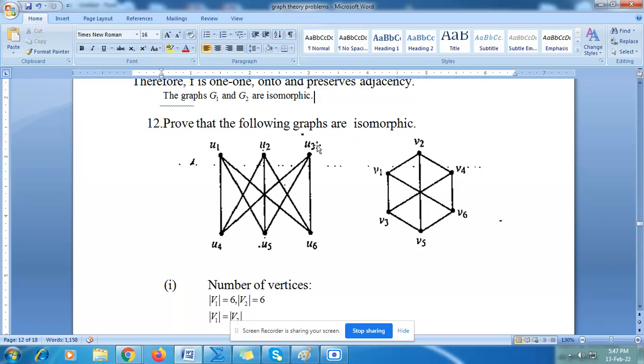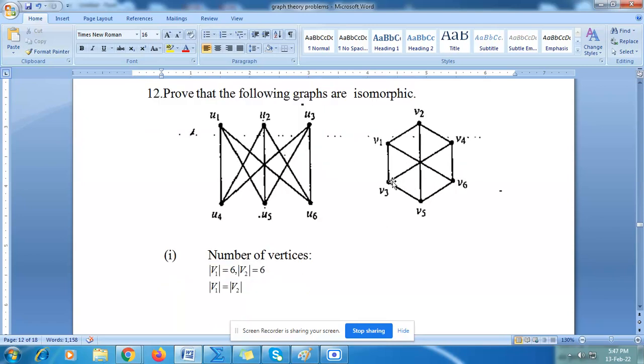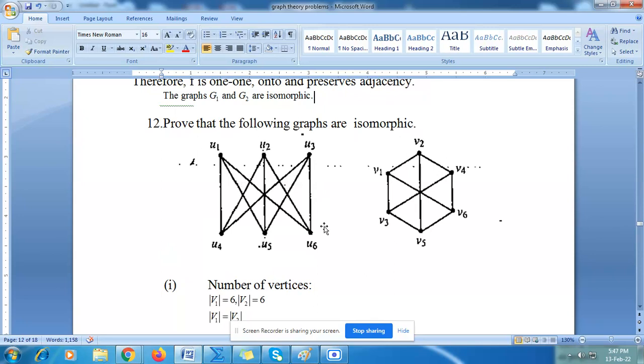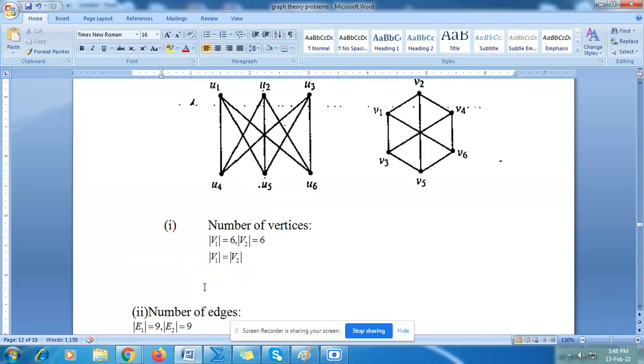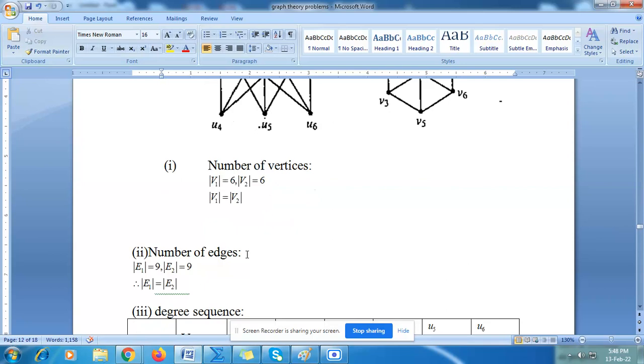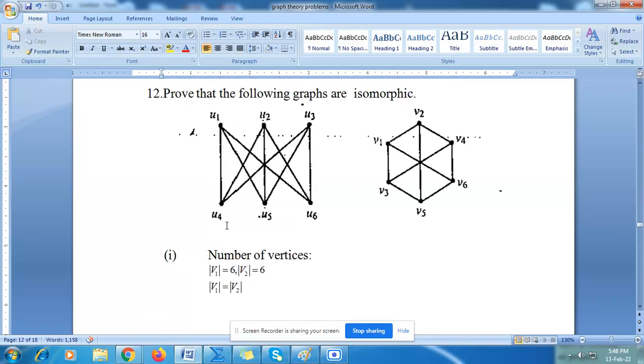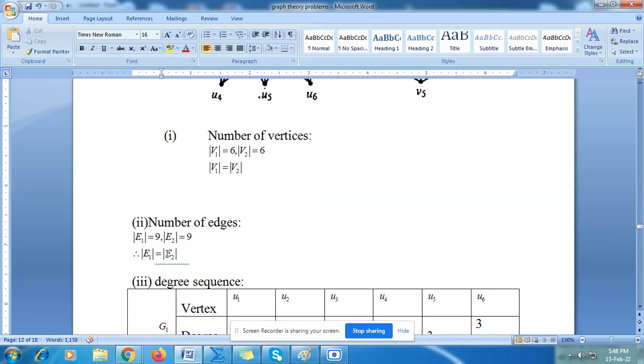Now prove that the following graphs are isomorphic. Again, this is a bipartite graph. The number of vertices is 6 in graph 1, and in graph 2 the number of vertices is also 6. So the number of vertices in graph 1 is equal to the number of vertices in graph 2. First condition is over. Second, the number of edges. The number of edges in a bipartite graph is m times n, so 3 times 3 is 9 edges.